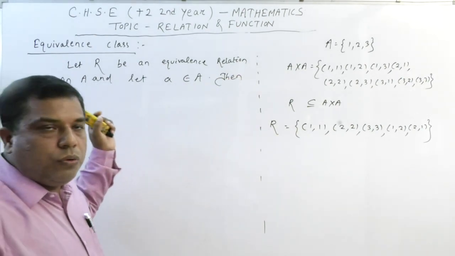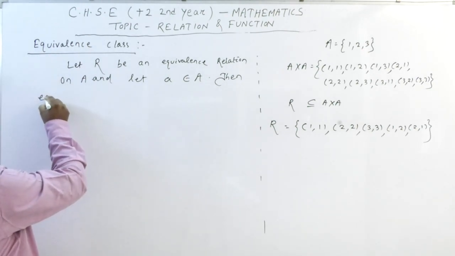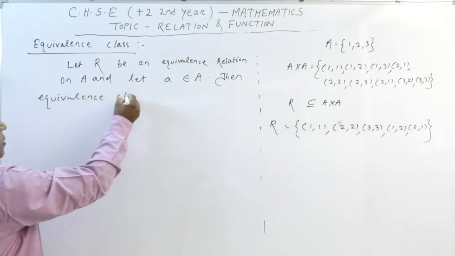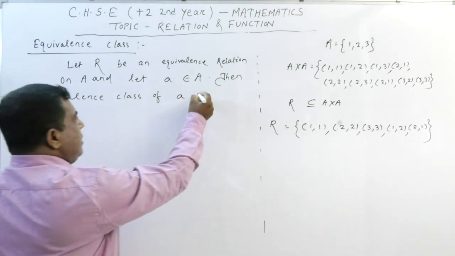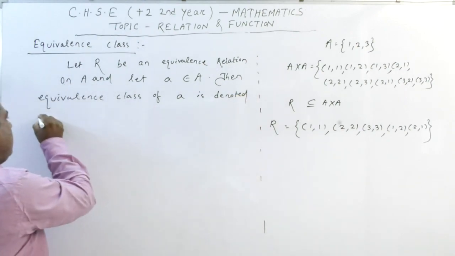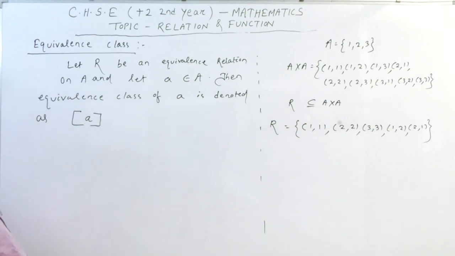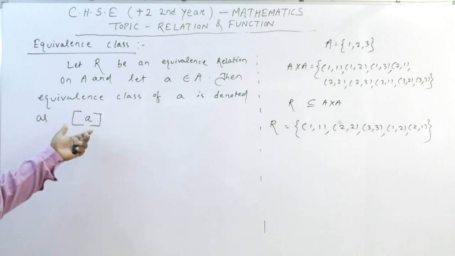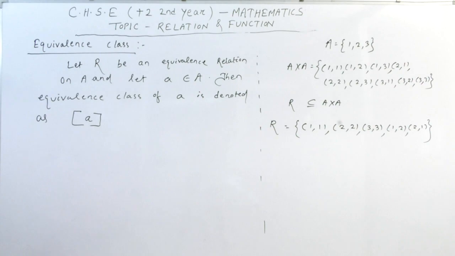Now I am moving to the pinpoint definition. The equivalence class of A is denoted as... so you see, equivalence class is denoted in what type of manner? It is denoted in the form of a square bracket. And what does it contain?